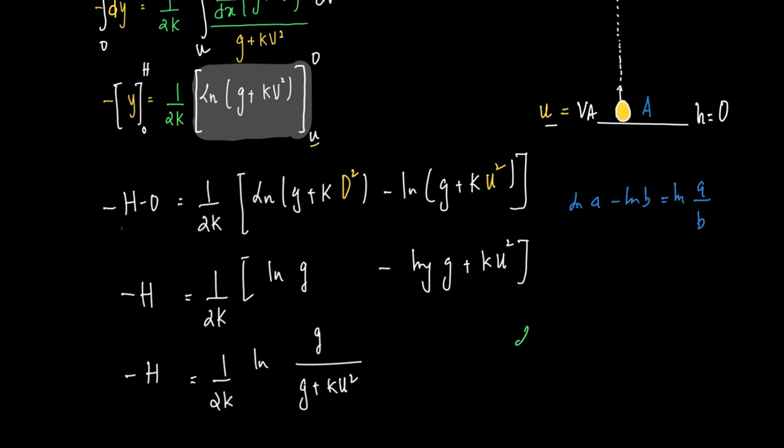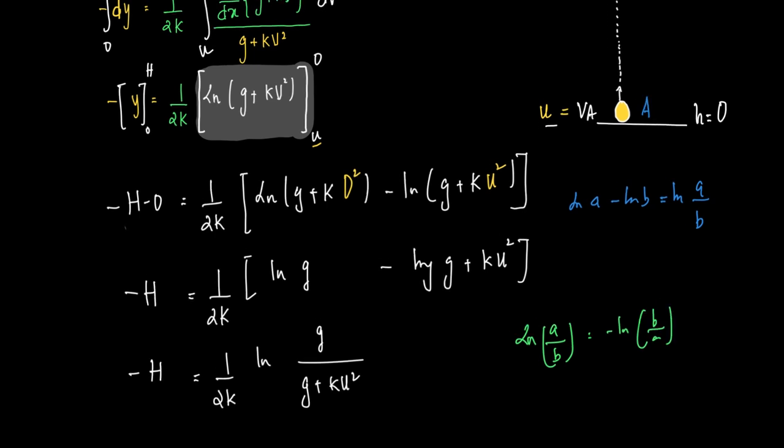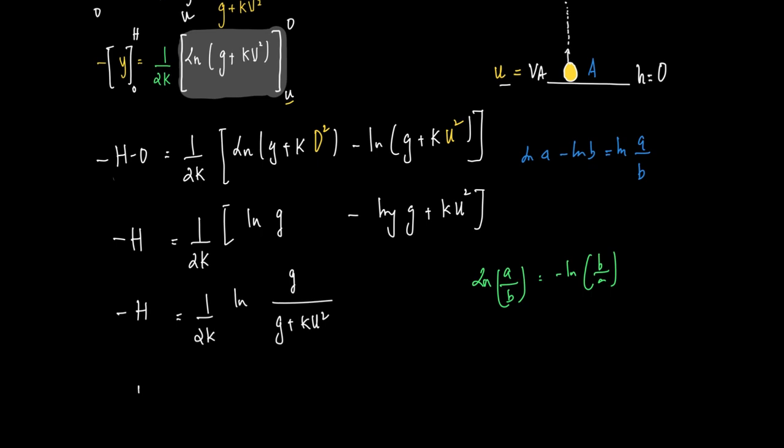Now we can also write one more equation, that ln a by b is equal to minus ln b by a. Therefore, if I multiply this by the entire minus, this becomes h is equal to 1 by 2k into ln. Now using this property, I can write it the other way around: g plus ku square by g.